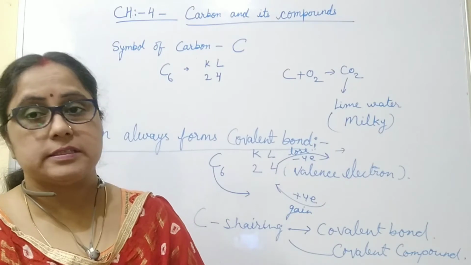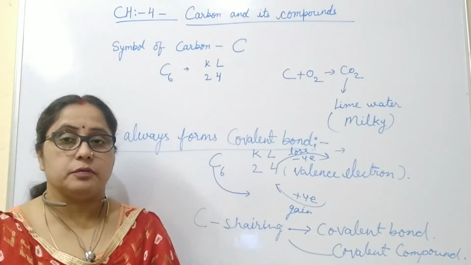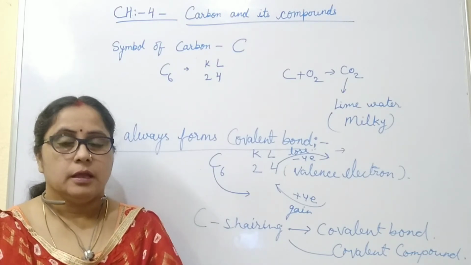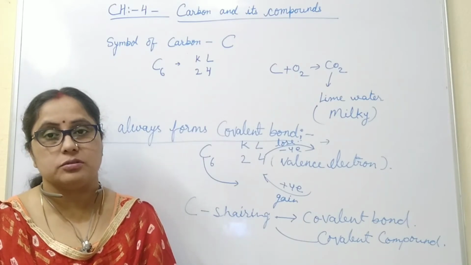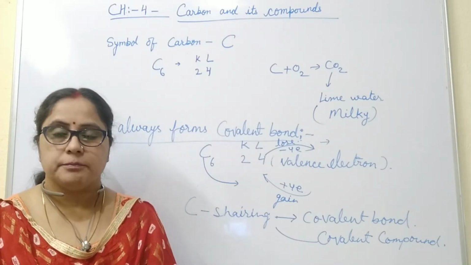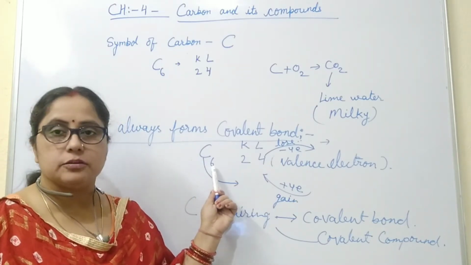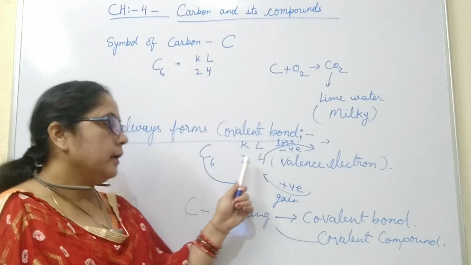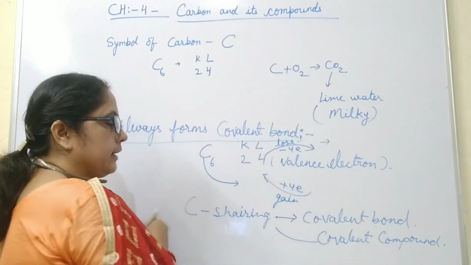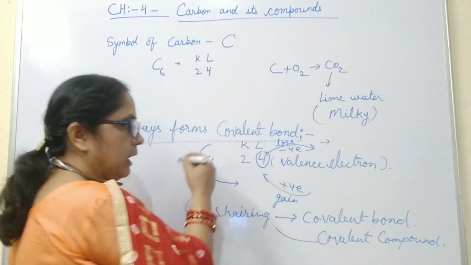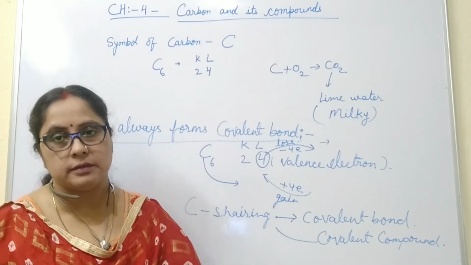Now, students, we will discuss why carbon always forms covalent bonds. It does not form ionic bonds. Why is this? It is related to the electronic configuration and valence electrons of carbon. We know that the atomic number of carbon is 6, and when these 6 electrons are distributed in different shells, the electronic configuration is 2 and 4. So carbon has 4 valence electrons. How does it achieve the electronic configuration of inert gases?